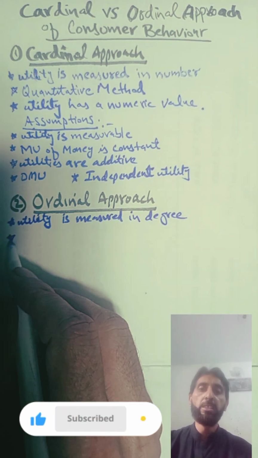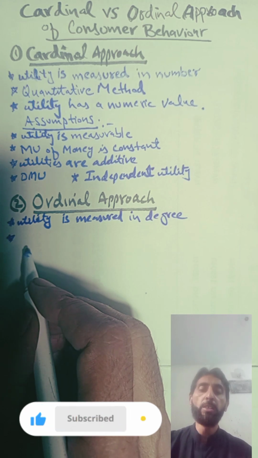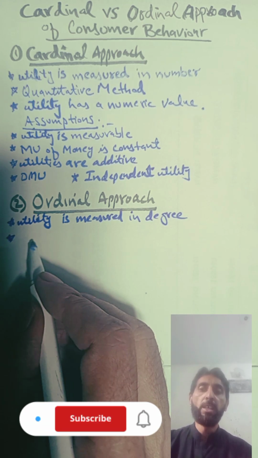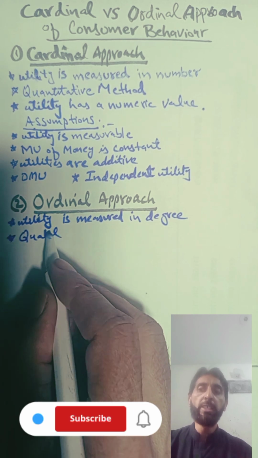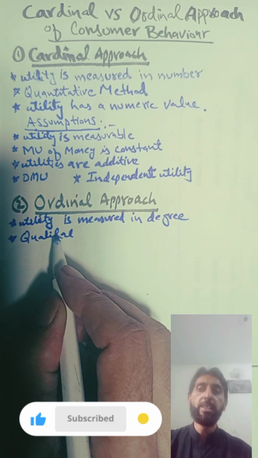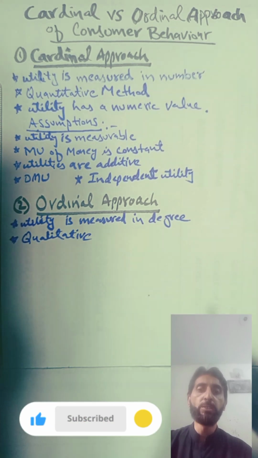We study the other approach, that is the ordinal approach of consumer behavior. In this approach, utility is measured in degrees rather than numeric values.